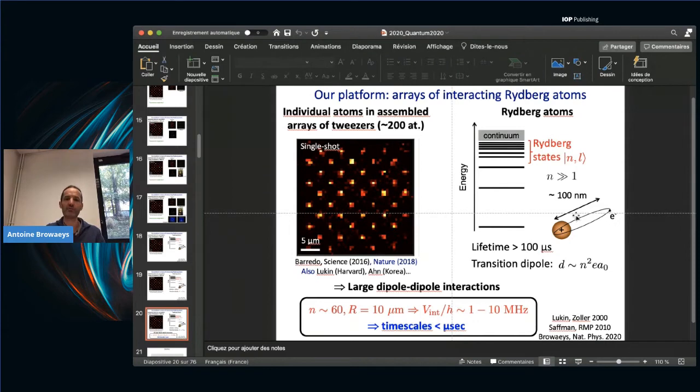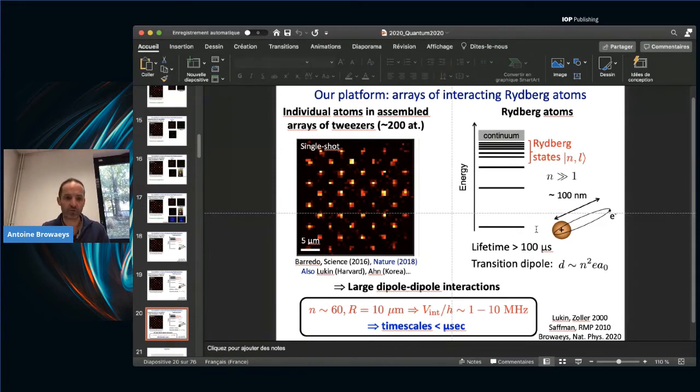The order of magnitude of the interactions is the following. If you just take typical principal quantum numbers we use in the lab, and a distance of about 10 micrometers, then the strength of the interaction is in the megahertz range, which indicates that the timescales for any dynamics driven by the interaction are sub-microsecond. And now you understand why this 100 microseconds is long enough, because it's much longer than the timescale associated with the interactions.